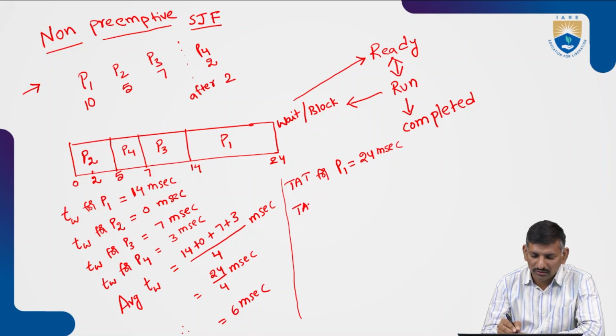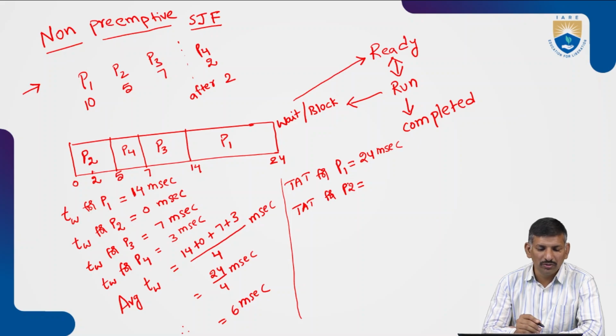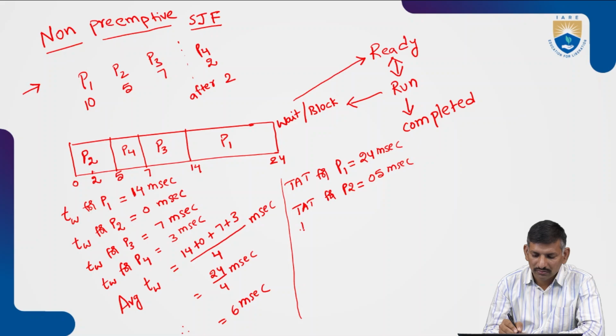Similarly, turnaround time for process P2. P2 entered into the ready state at the 2nd millisecond and its execution is completed at the 7th millisecond. Total time is 5 milliseconds. Next, turnaround time for process P3.